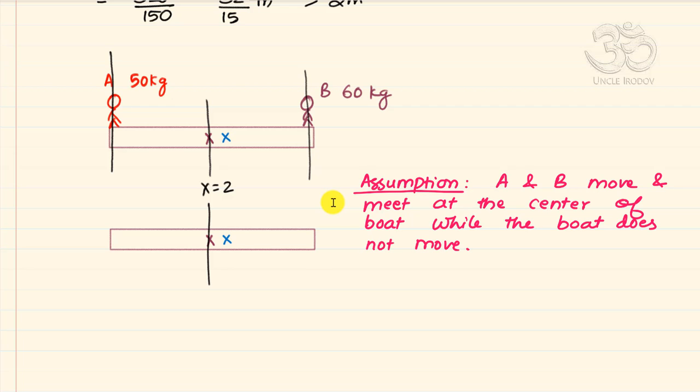So let me make that assumption and see what happens. So finally A will be standing at the center somewhere. He is right there. B will also be standing right at the center of the boat.